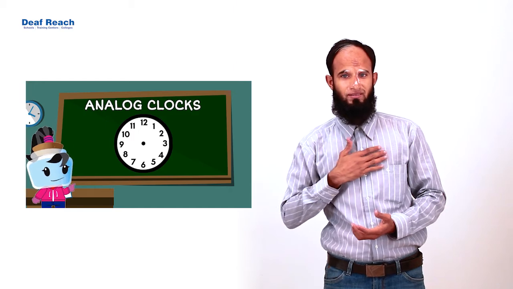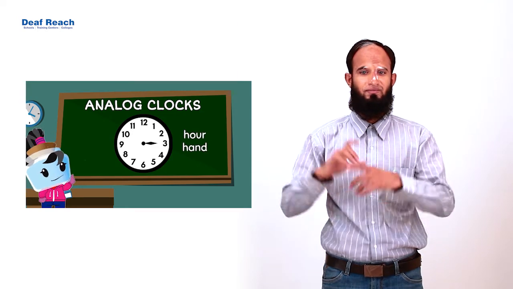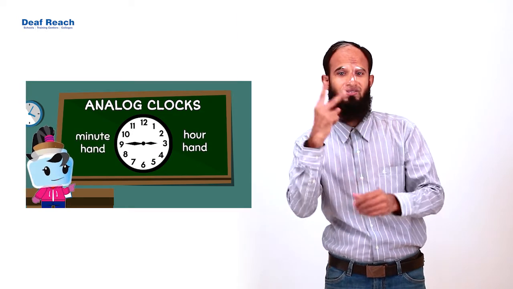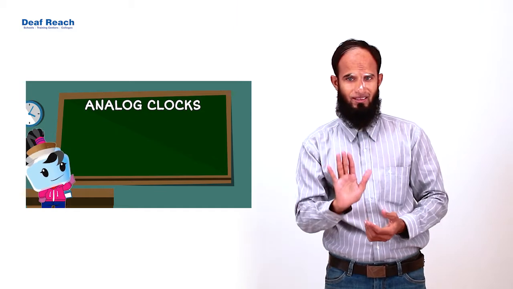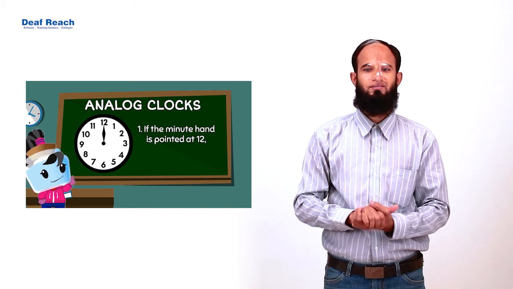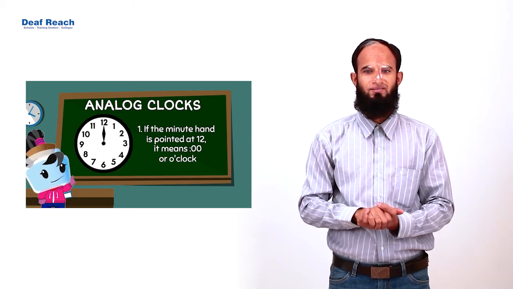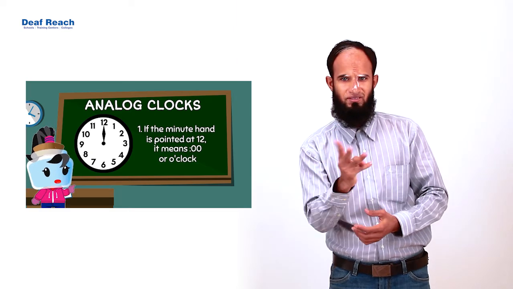Let's move on to telling the time using analog clocks. Analog clocks have 2 hands. The hour hand is the short one, and the minute hand is the long one. A few things to remember.